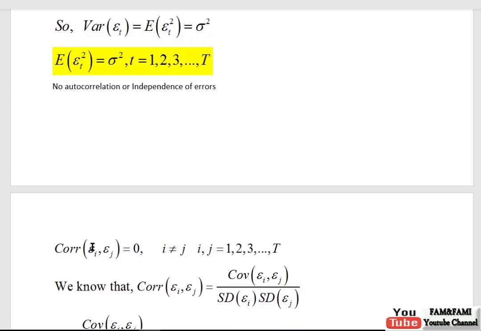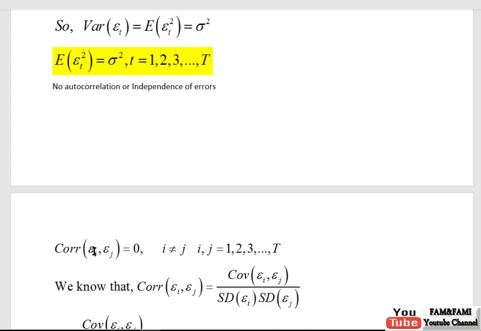So let's say we fix this i equal to 1. So we get epsilon 1 and then j will be 2. So epsilon 1 and epsilon 2. So correlation of epsilon 1 with epsilon 2 is 0. Correlation of epsilon 1 with epsilon 3 and so on.